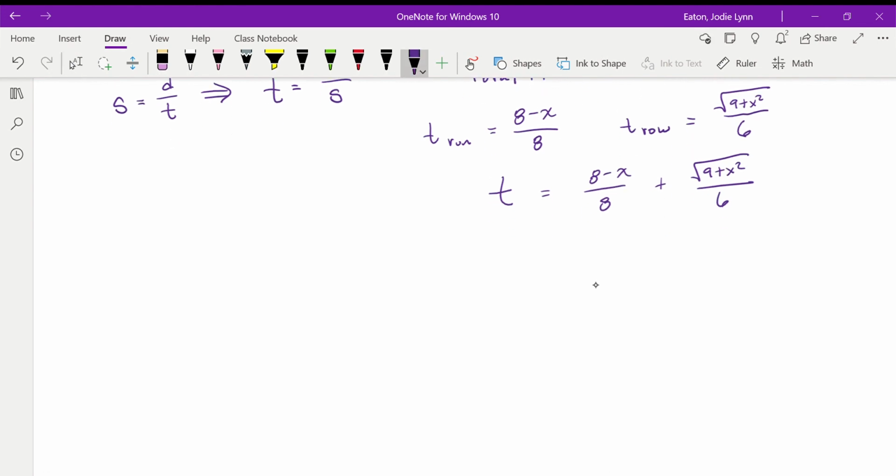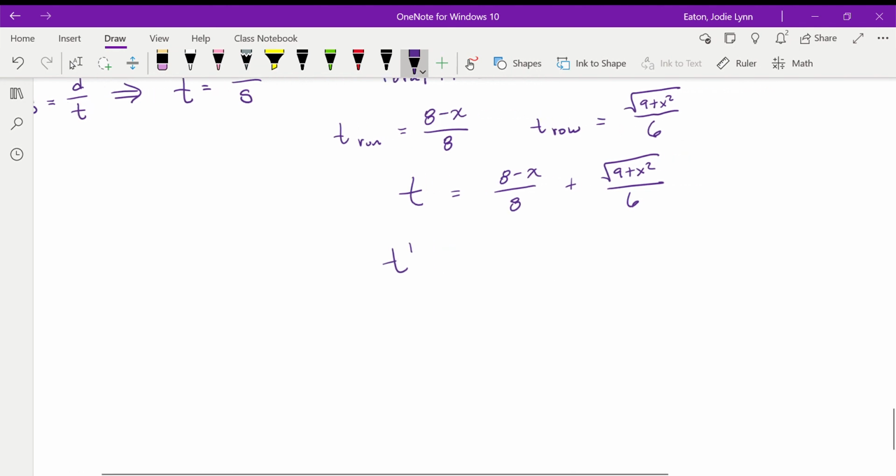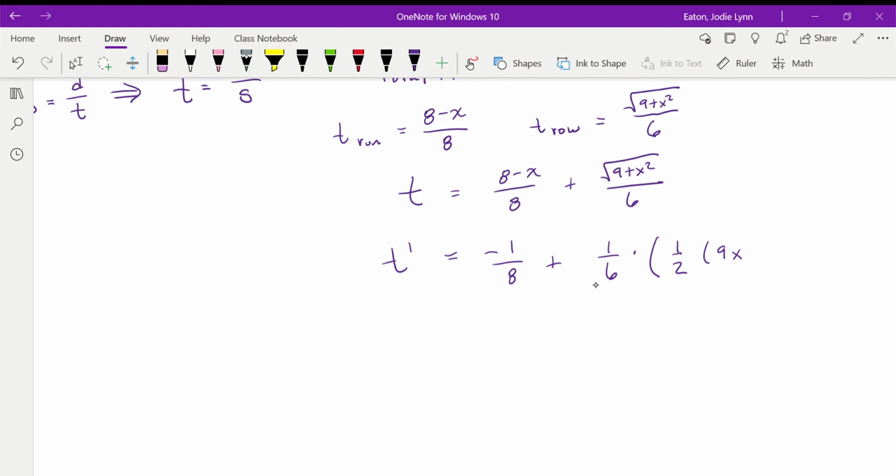We're going to differentiate t now, because that's what we always want to do, differentiate the variable we want to minimize or maximize. The derivative here is negative 1 over 8 plus 1/6. We're just going to factor out the 6 and then deal with the radical. This is to the power of 1/2, so it's times 1/2 times 9 plus x squared to the negative 1/2 times the inner derivative, which is 2x for our chain rule.